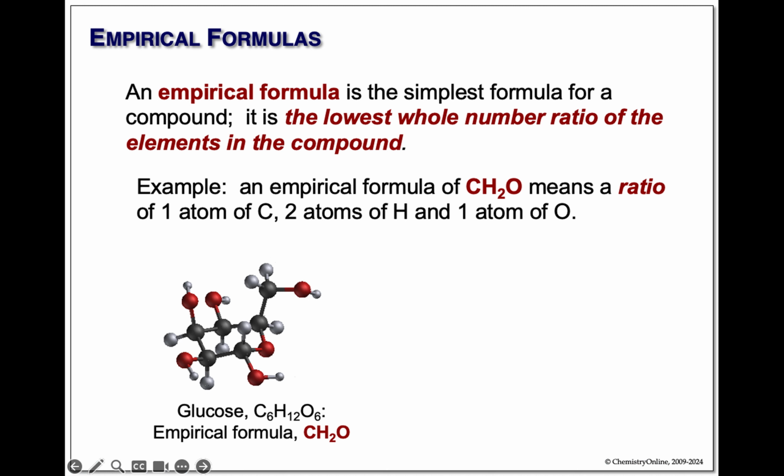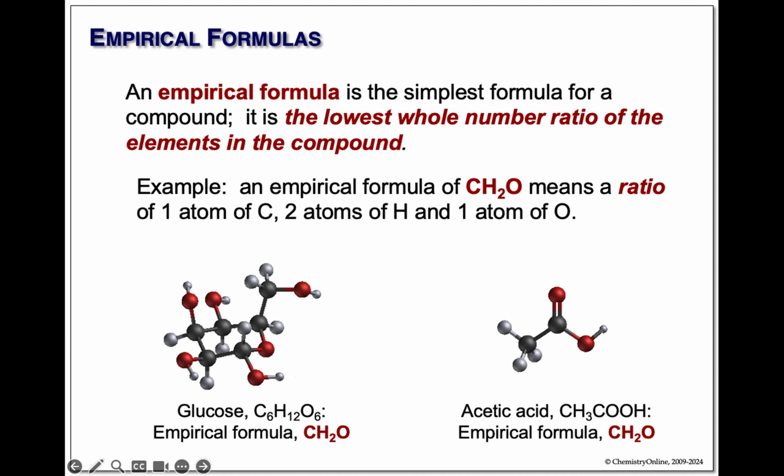The problem with an empirical formula is that it is ambiguous in terms of the structure. This is acetic acid, the acidic component of vinegar. It has 2 carbons, 4 hydrogens, 2 oxygens, and its empirical formula is CH2O. Why do we even care about empirical formulas?